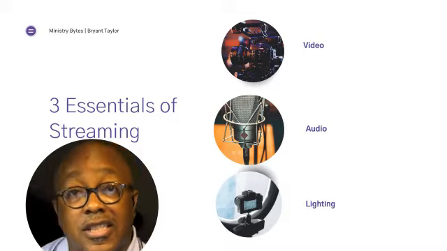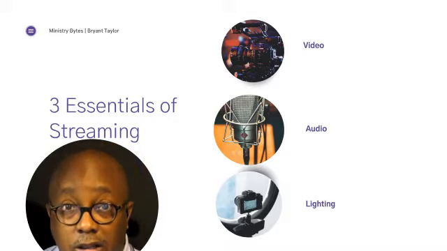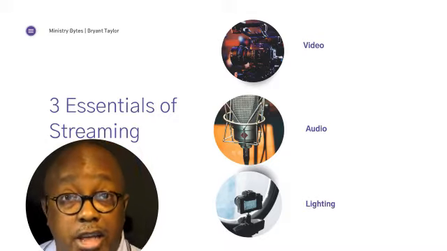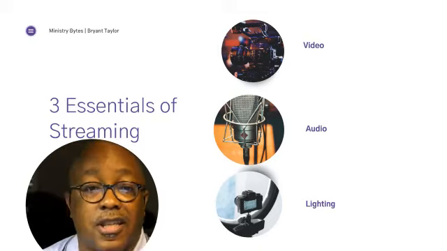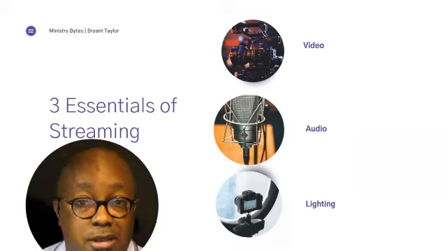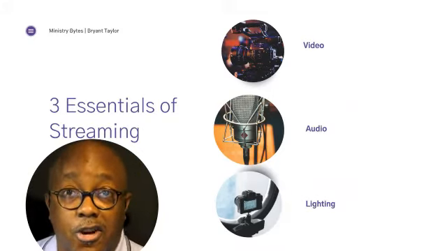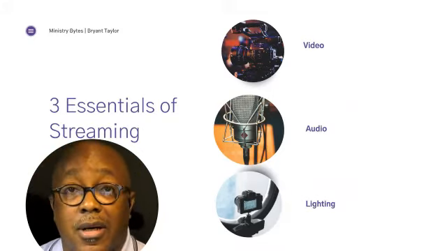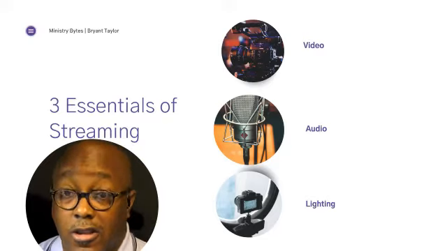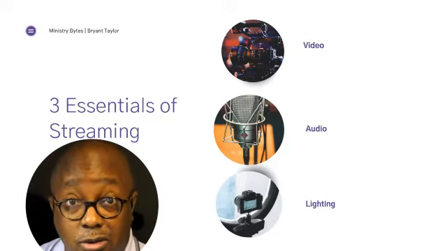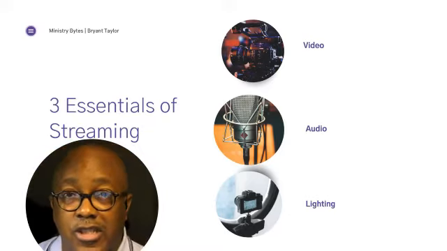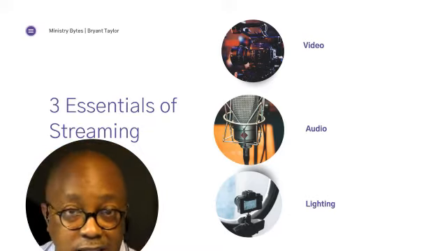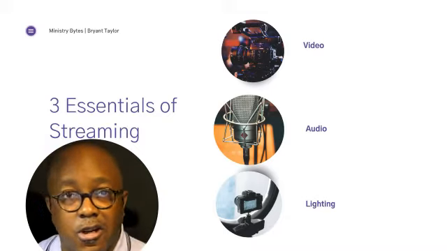The second essential is audio. If they don't hear you, if it's crackling, if it doesn't sound good, then they're going to move on to someplace else. They're just going to tune you out. The third one is lighting. You may look good, you may sound great, but if the lighting is off, if you're in the shadow, or if there are big, bright lights behind you, it's going to turn them off and they're going to go on to something different.